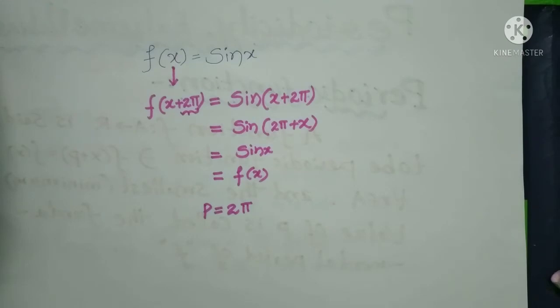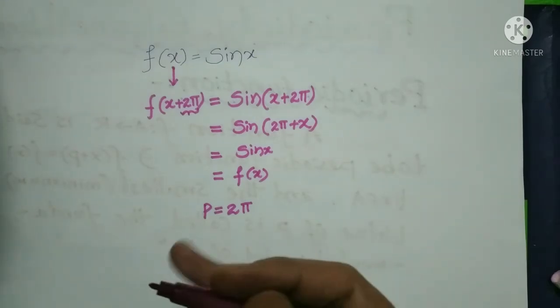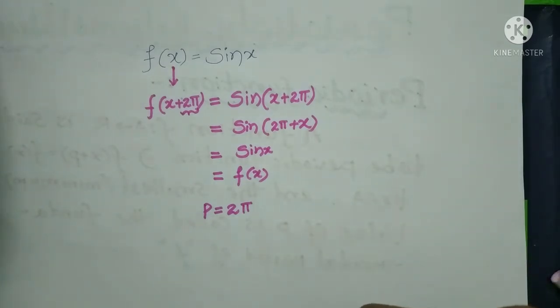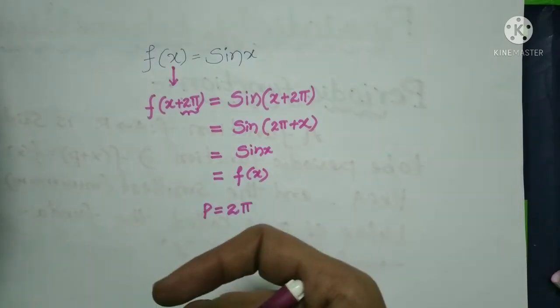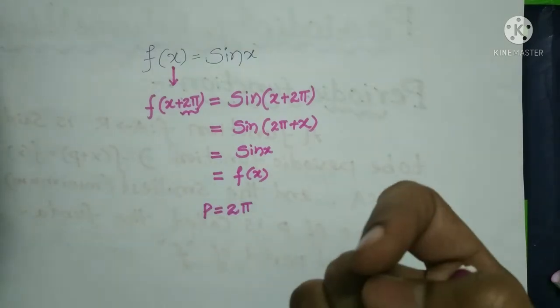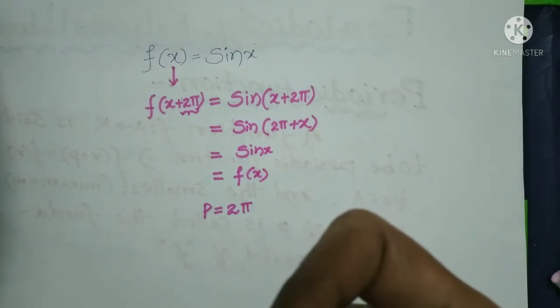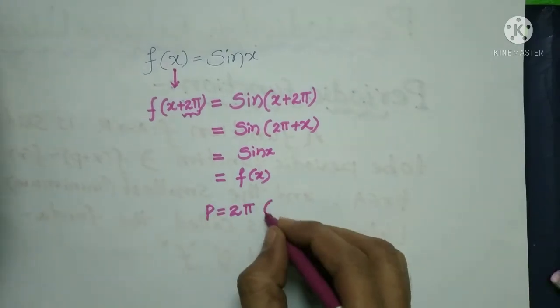If we check like this, x plus 4 pi, that is also satisfied. If we check 8 pi and 12 pi, those values will also be satisfied, but we should take the least value.